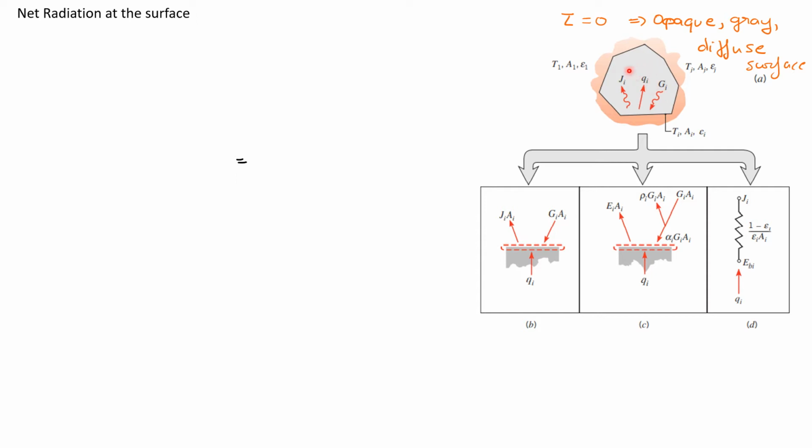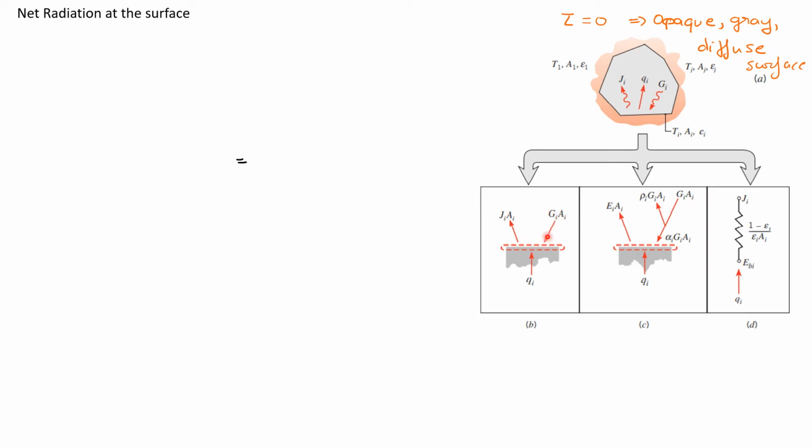Okay, so what happens on surface i? Let's take the image B. Your surface i will emit some radiation Qi. So let's take a control volume just above the surface. The surface will be exposed to an irradiation Gi.